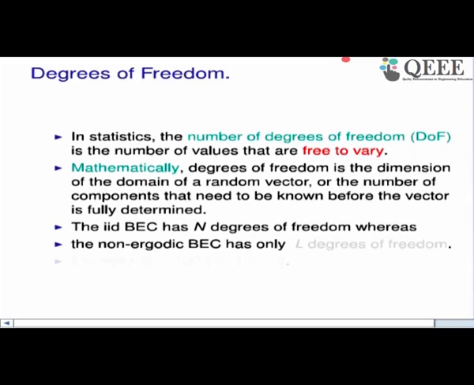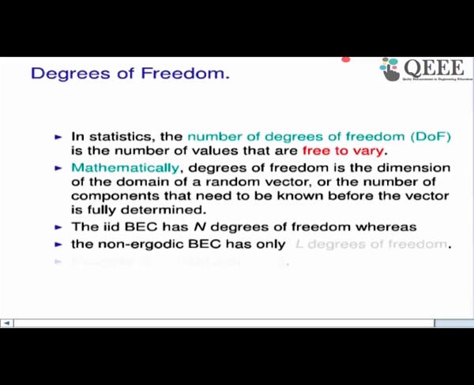Similarly, for the non-ergodic case, guess what would be the number of degrees of freedom? The L terms, capital L, the number of blocks. If you know the L transition probabilities, you will know the complete transition probability of a code word.